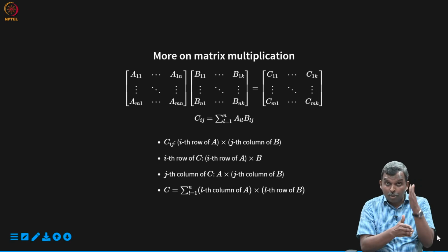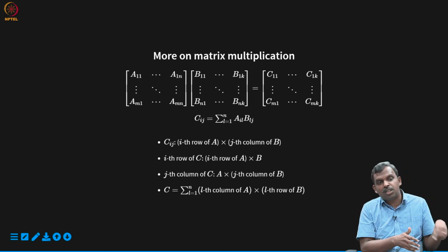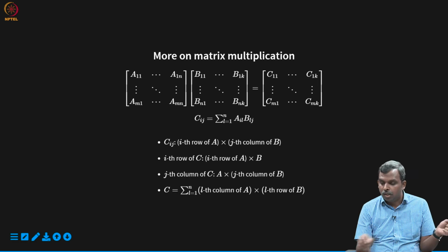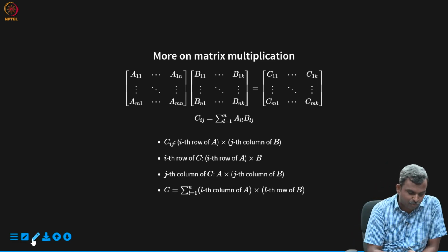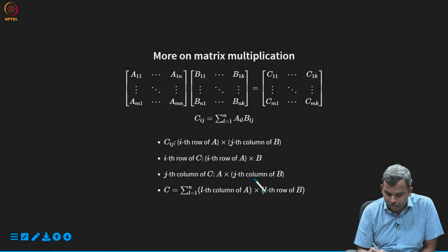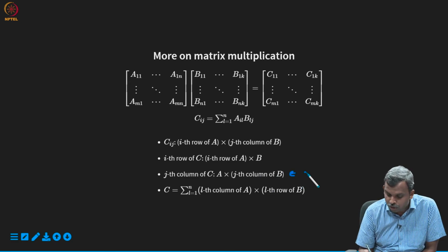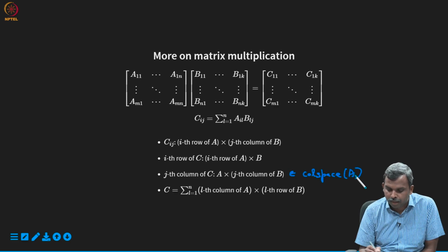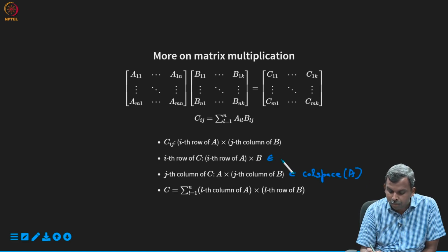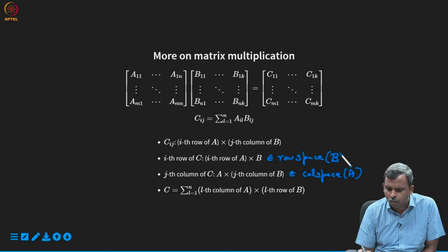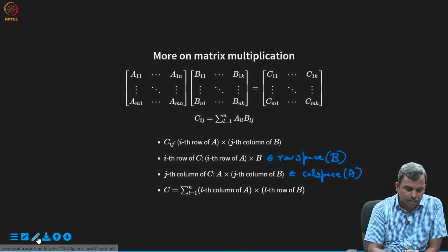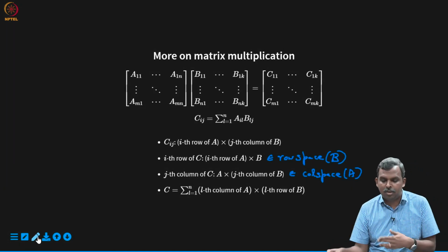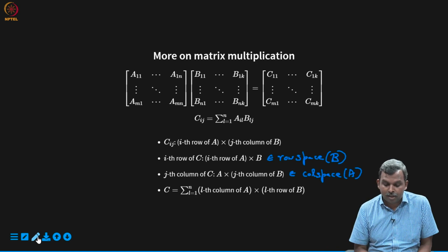So the jth column of C will be a linear combination of the columns of A. Okay, so one way to put it is that the jth column of C belongs to the column space of A, and the ith row of C belongs to the row space of B. I didn't really define row space, but you can imagine what row space will be, right? You take the rows of B and simply do the span of that. So that's row space. So this is another result which you may not have known.